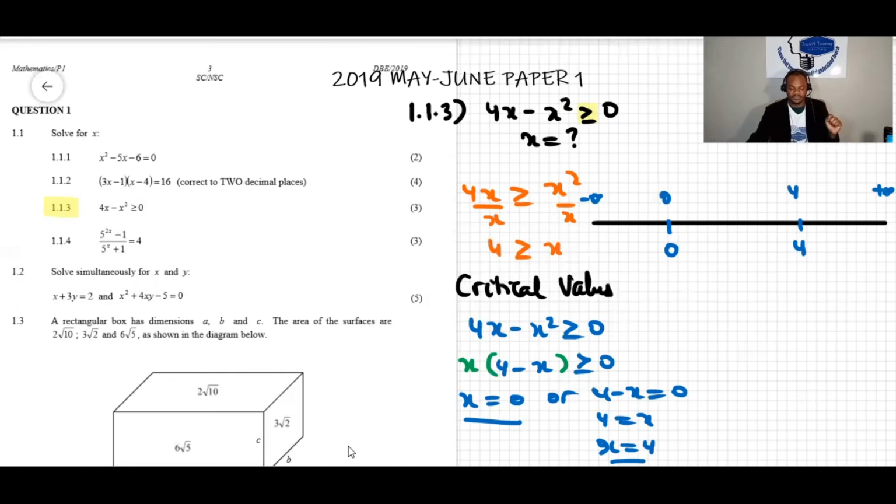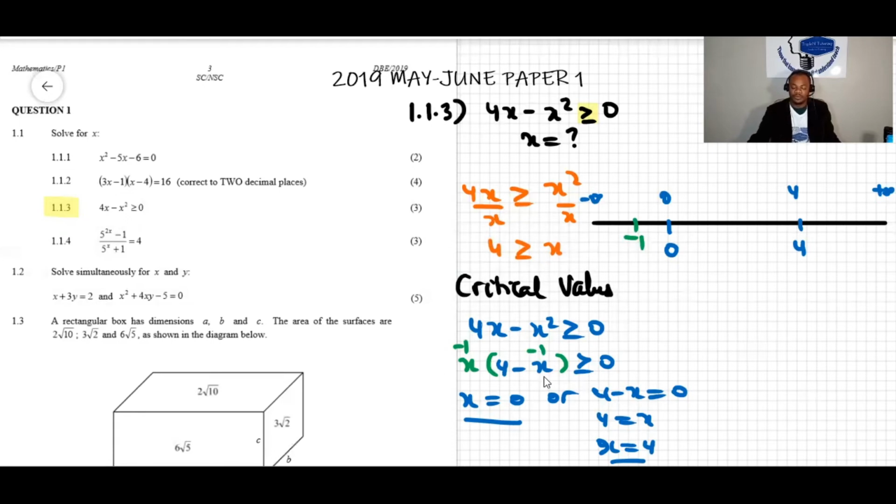Now, we're going to select values from each interval. Let's start from the first interval. I'll take a number like -1. Now I'm going to substitute the value of -1 for x in both places, and then we'll have -1 times +5, that is, a negative times a positive.